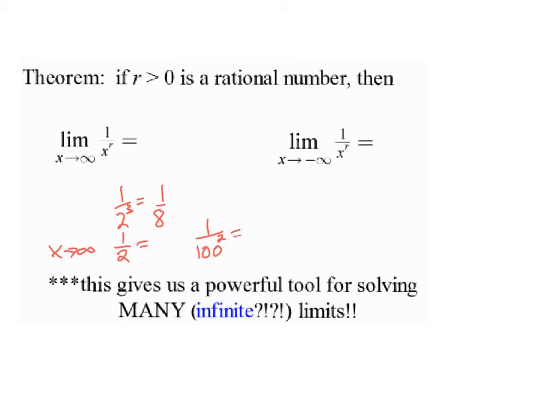So it's going to end up going to 0 even faster. So in general, if you have an exponent r connected to a variable that's on the bottom, your function is going to 0 very fast. So either way, these are going to 0.